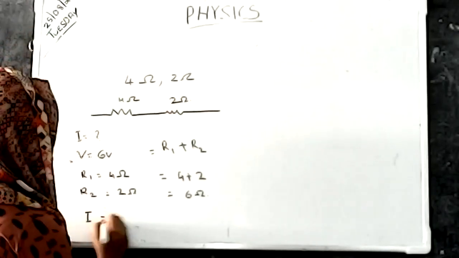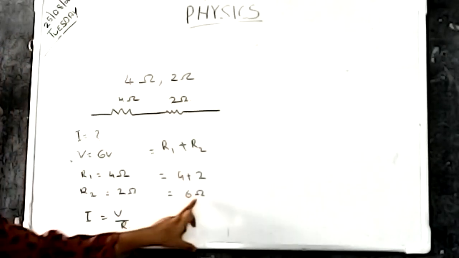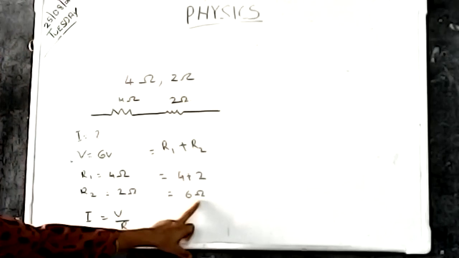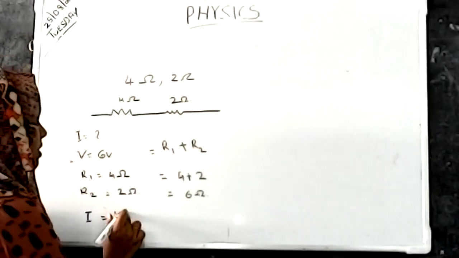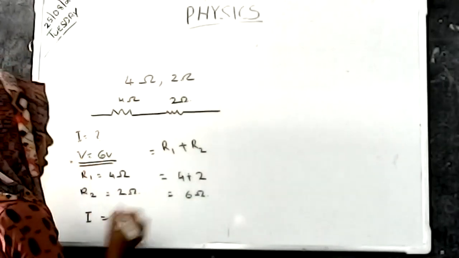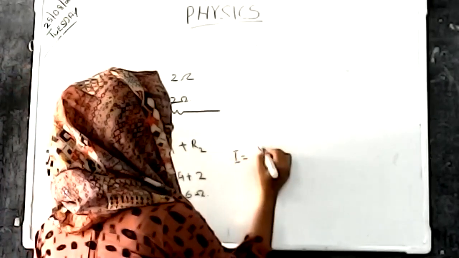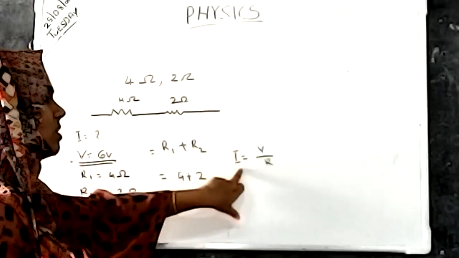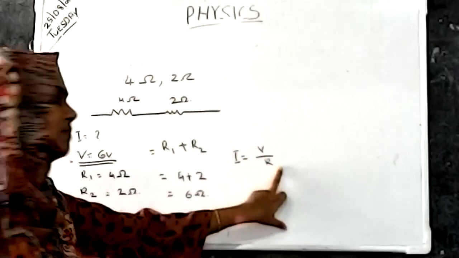I is equal to V by R. In this, we found the total resistance, that is 6 ohm, and the potential difference is 6 volt. From this equation, we know the potential difference and the total resistance of the circuit.